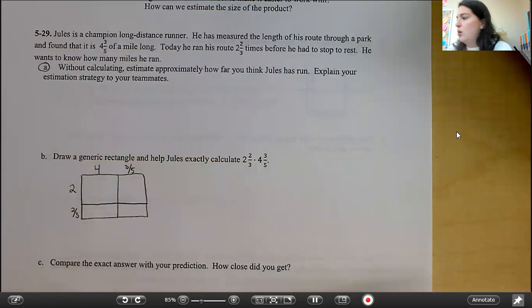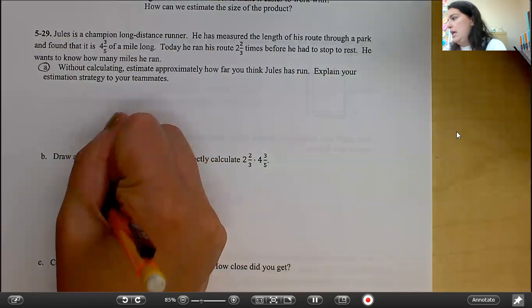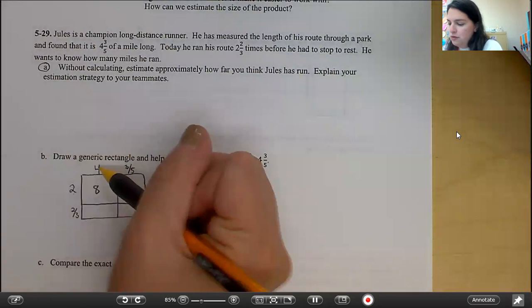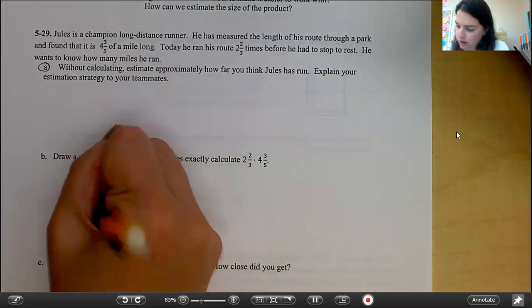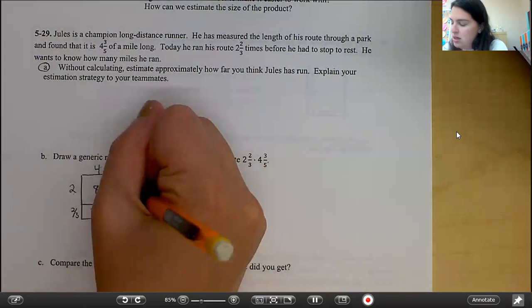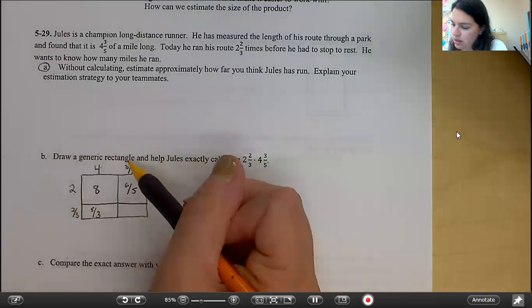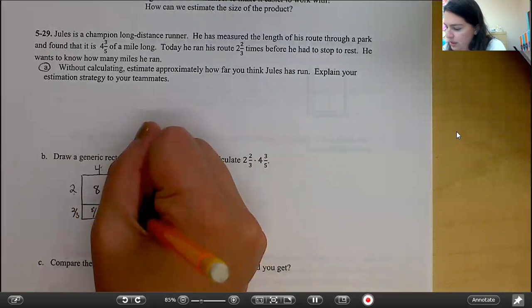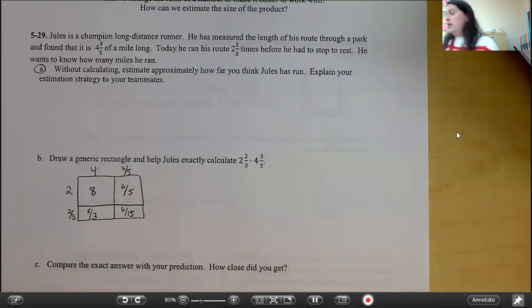So now we need to do our multiplication. 2 times 4 is 8. 4 times 2/3 is 8/3. 2 times 3/5 is 6/5. And 2/3 times 3/5 is 6/15. So now we need to continue on and exactly calculate this.